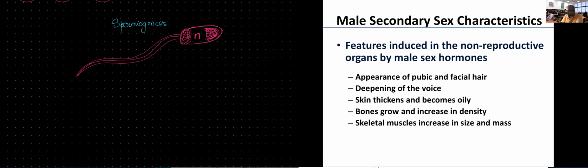They also enhance bone growth and increase its density. Skeletal muscle will also increase in size and mass. So those are the secondary sexual characteristics due to the presence of the male sex hormone.